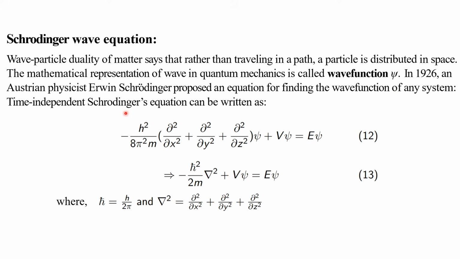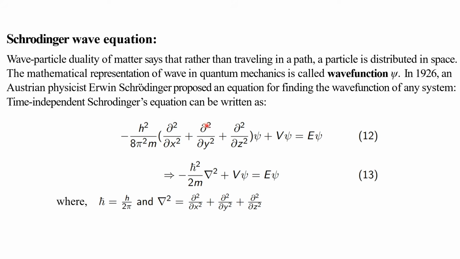The time dependent Schrödinger equation can be written like this. The time independent Schrödinger equation is like this, where V is the potential energy, E is the energy value, and m is the mass, and this is for 3 dimensions.